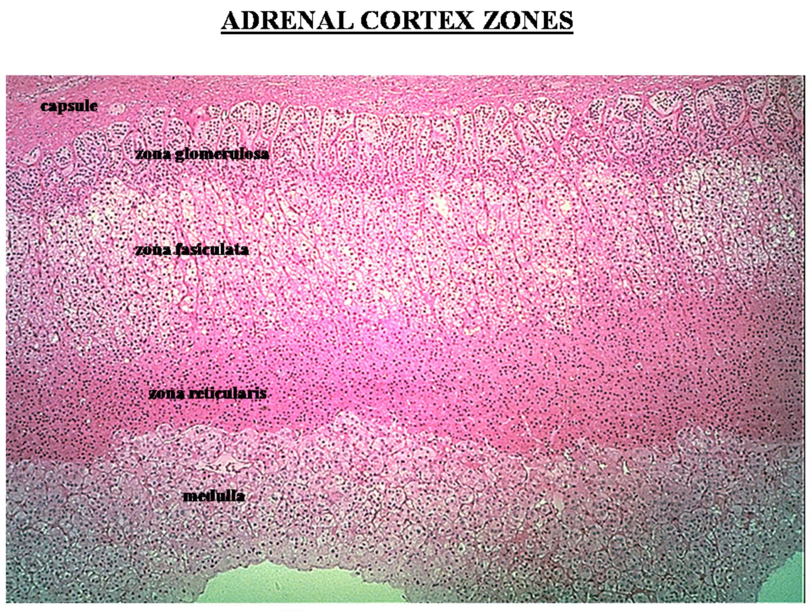The zona reticularis consists of round cells arranged in branching and anastomosing cords or columns. Compared to the cells of the zona fasciculata, the cells are smaller, the nuclei are more deeply stained, and the cytoplasm contains relatively few lipid droplets. In the zona reticularis, light and dark staining cells can be identified.